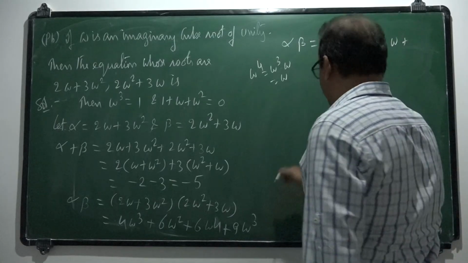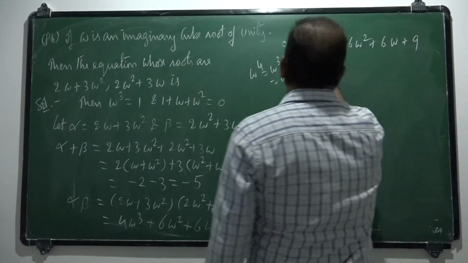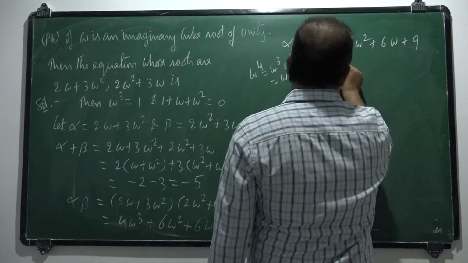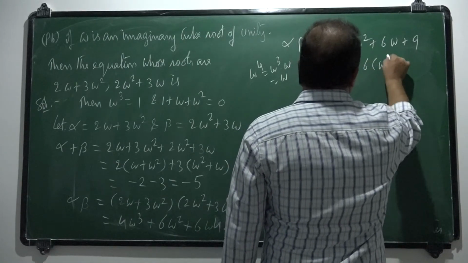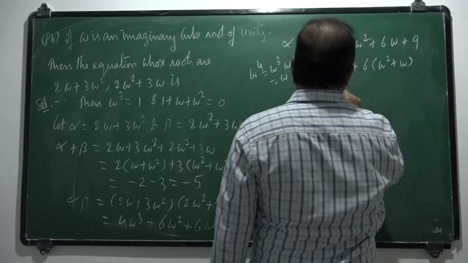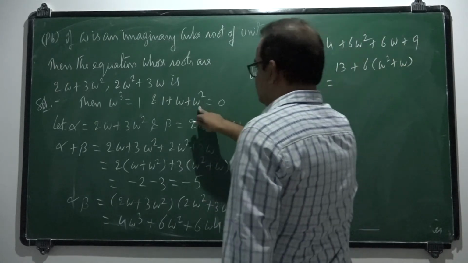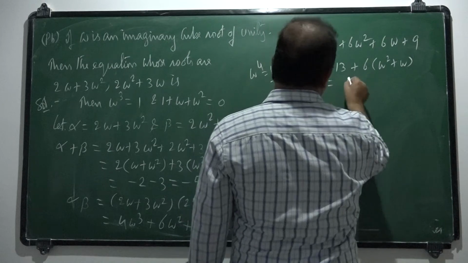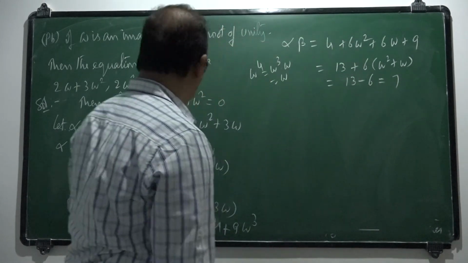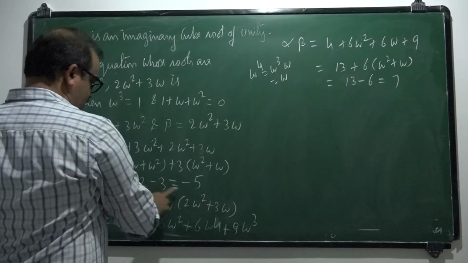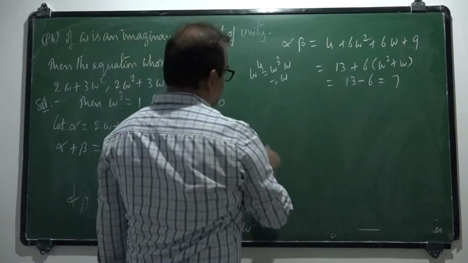Omega cube 1, 9, 4 plus 9, 13, plus 6 into omega square plus omega. Omega square plus omega is minus 1. So 13 minus 6, that is 7. Sum is minus 5, product is 7.